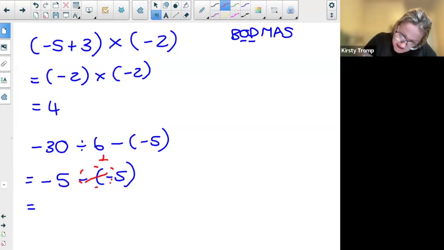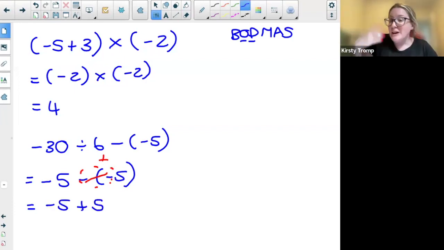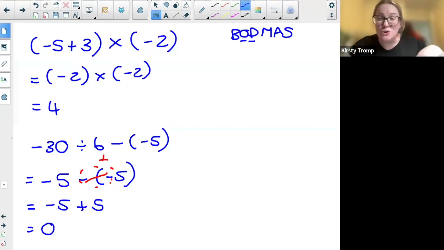Well done. So I've got negative 5 plus 5, the additive inverse, so fancy. That gives me 0. Well done. Step, step, step. It doesn't matter if you show 6 steps and the person next to you shows 2 steps. You're going to get the same marks. You've just done it nice and slowly, which means that you understand what's going on.